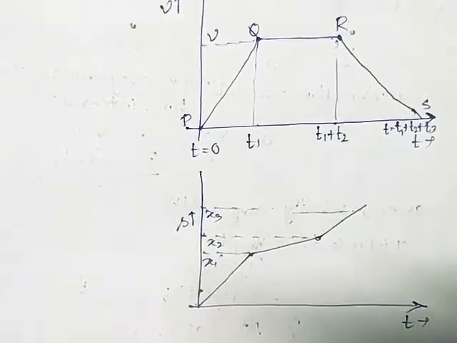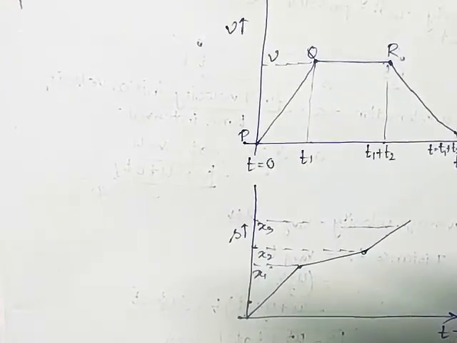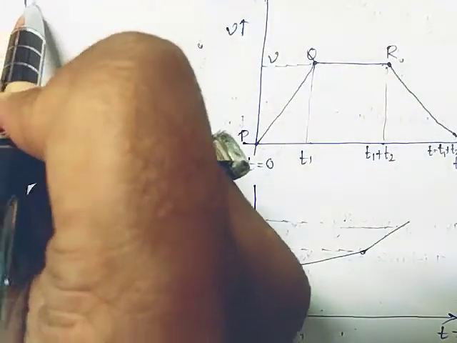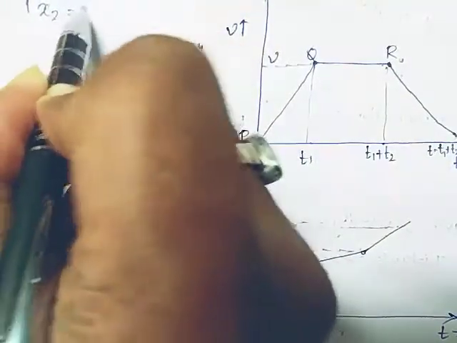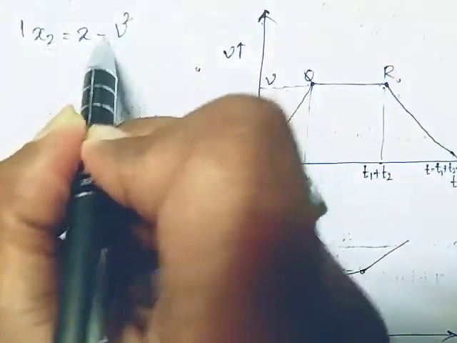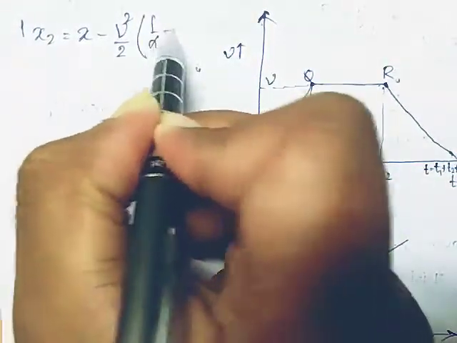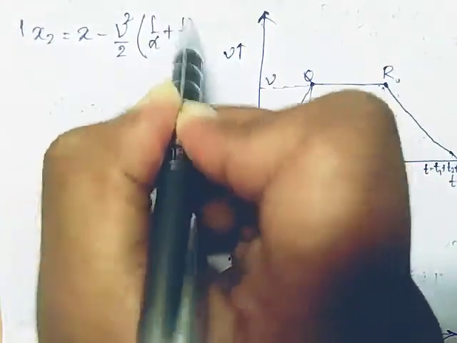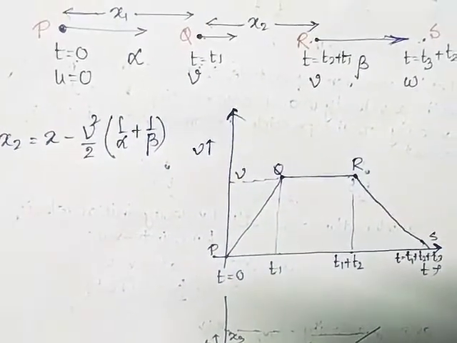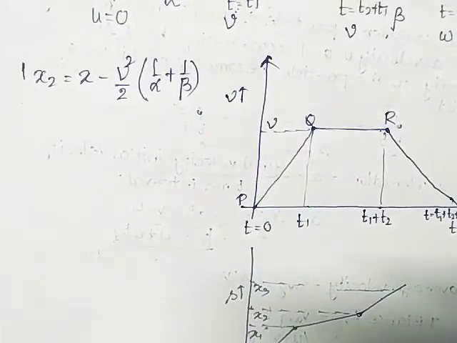If anyone says prove this, what is the proof? The proof is x2 equals x minus v squared divided by 2 into (1 by alpha plus 1 by beta), for the scenario that I am representing here, or in the graph that I am representing.